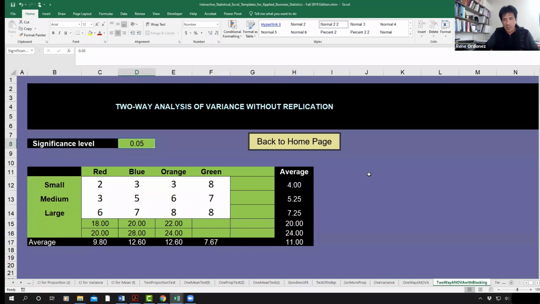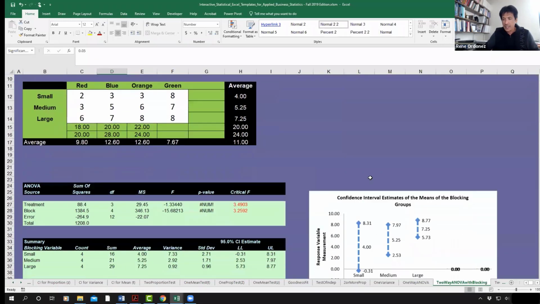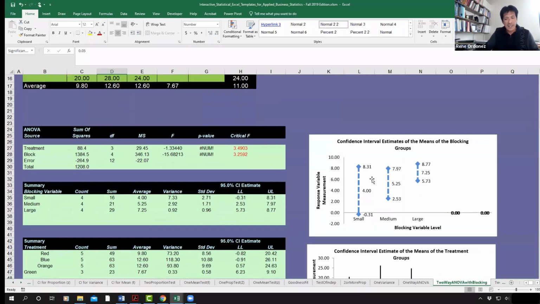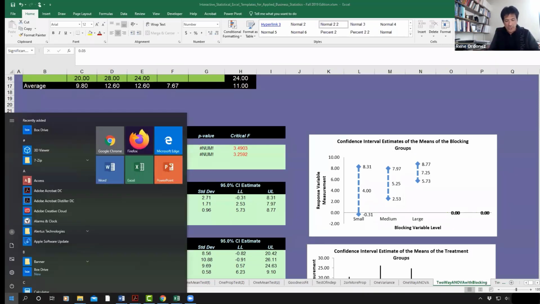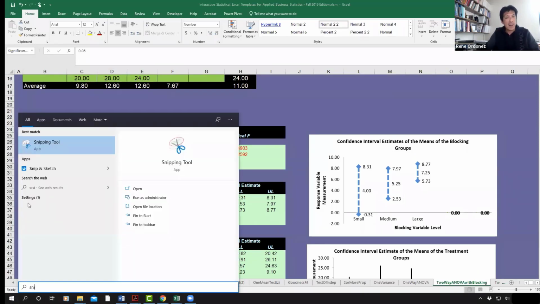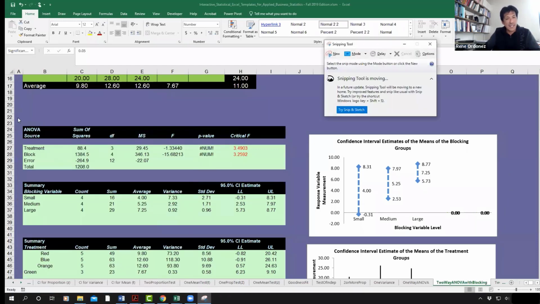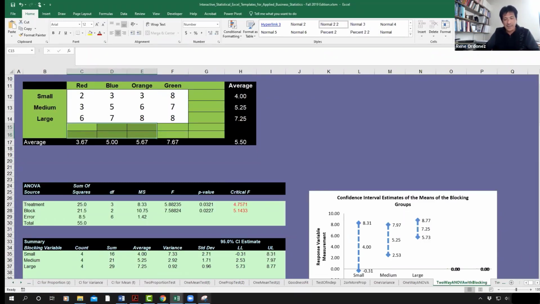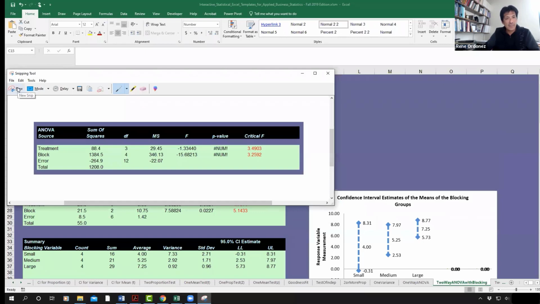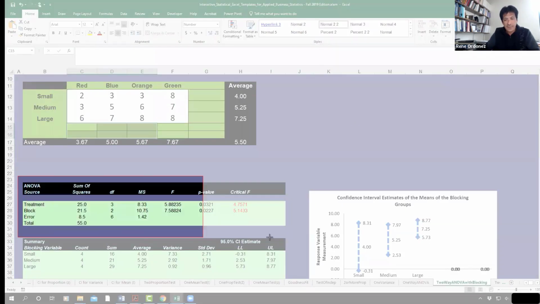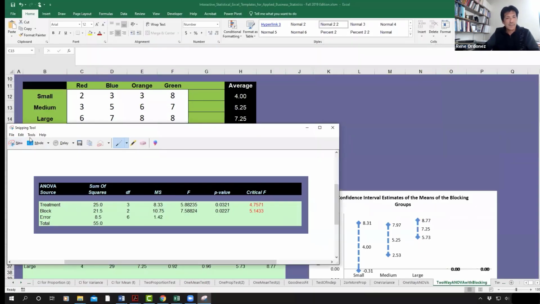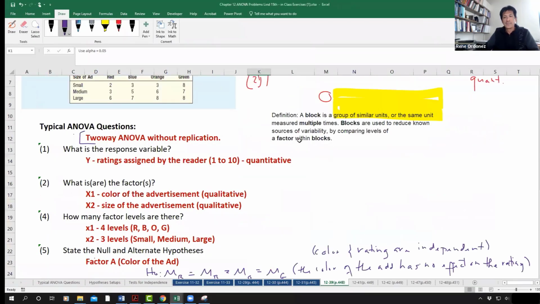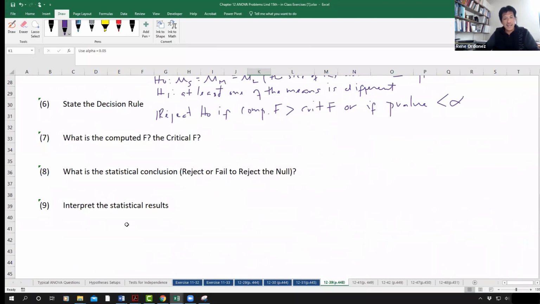And so we scroll down, and here is the output that we will need to render a conclusion on those two pairs of hypotheses. Okay, so here's the output. Okay, so I'm just going to paste that down here.